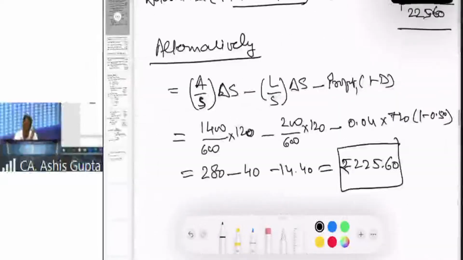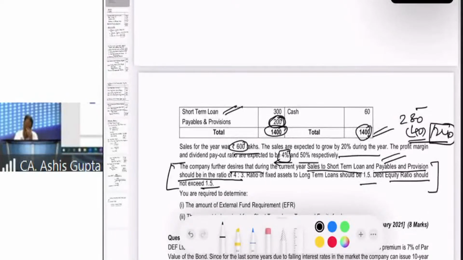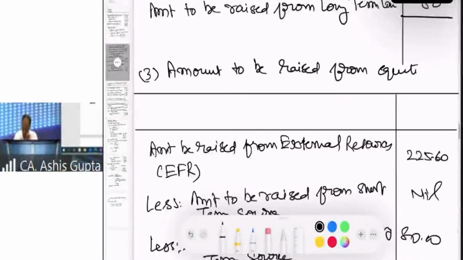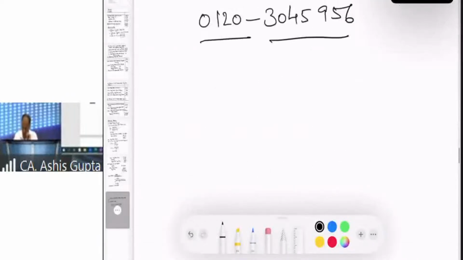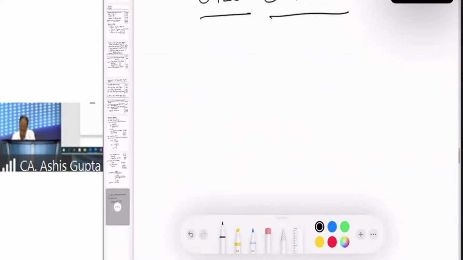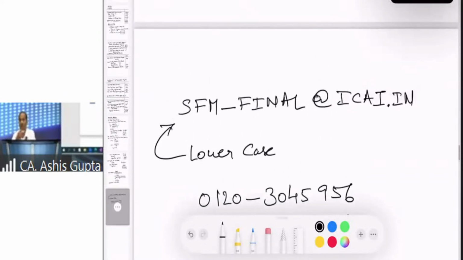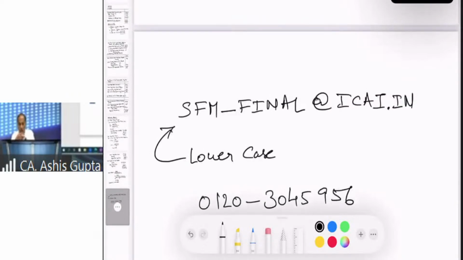Let me check the suggested answer, but I think your observation is correct. Better let me check, and if possible, contact me over the telephone. Not today because I am going to a meeting. On Monday you can give me a call, then I will discuss with you. But anyhow, this may be based on the assumption that the short-term loan will also increase proportionately. I cannot comment right now because the 450 figure appears somewhat odd to me.